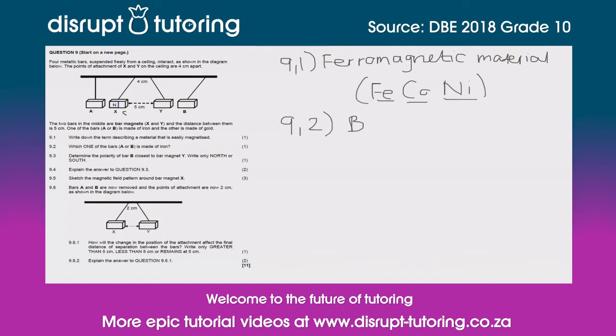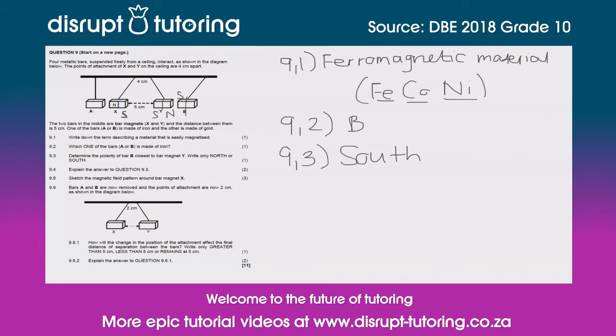There would be south on this side, and because these two are repelling each other, which you can see because they're far apart, you know that this side of this bar magnet is going to be south, which means that this side is going to be north, and these two are attracted to each other, which means that this side is going to be south. So 9.3, south.